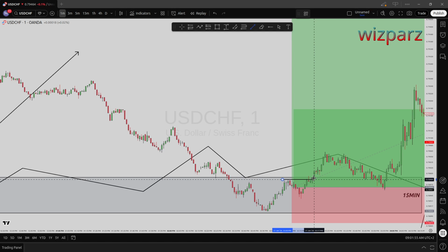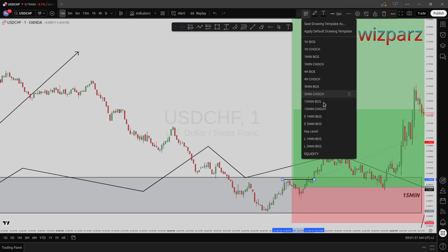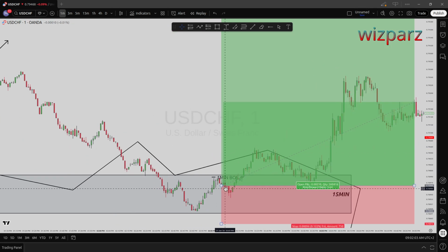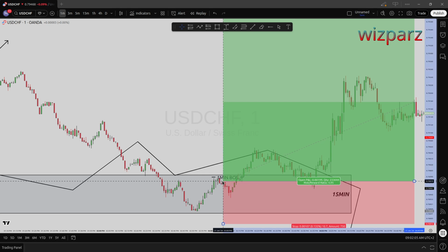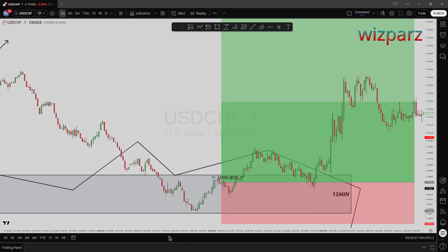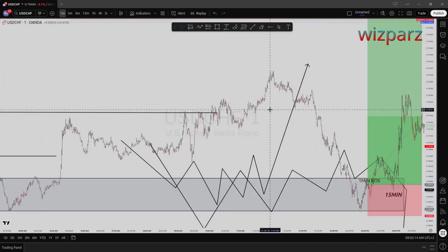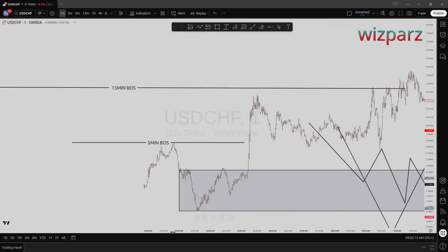Okay, here, 1 minute change of character, and this was a good setup. So stop loss below, and then targeting price to come back to the supply area.